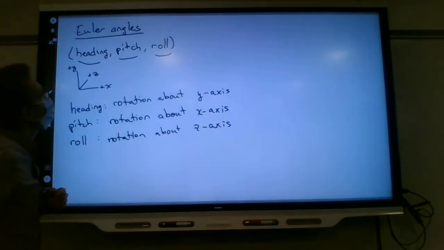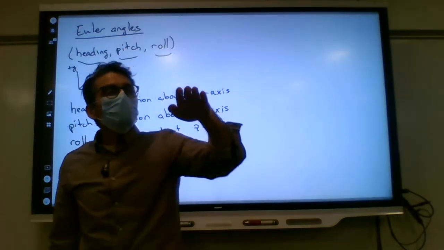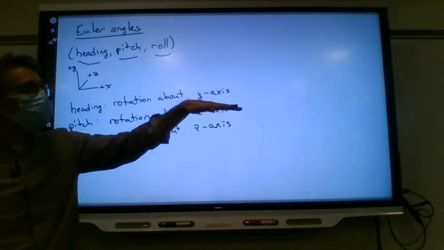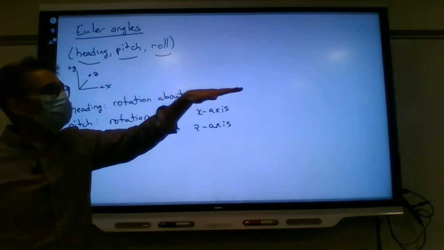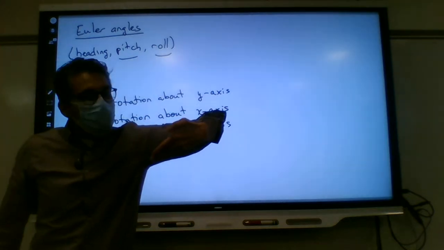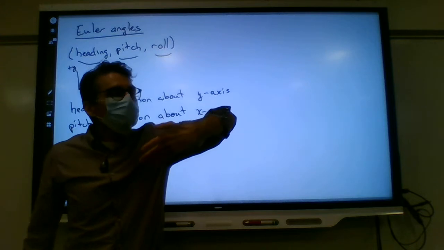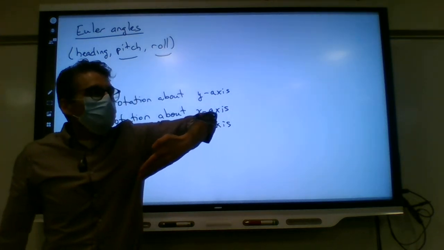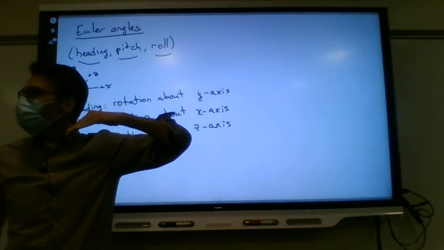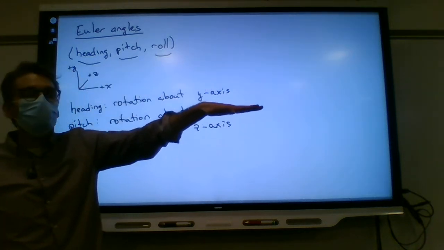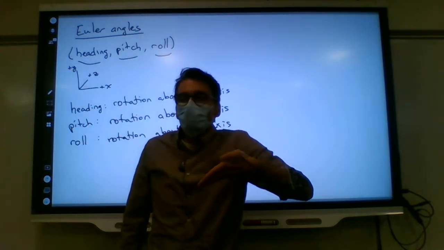One problem with Euler angles is that if we, for instance, went a rotation, we went all the way around like negative 135 degrees, went around this way, did some things, we can end up with one way of getting to a point or a different way of getting to the same point. Right? So if we just rolled all the way under like this, what would that be? That would be pitch of negative 135 degrees.